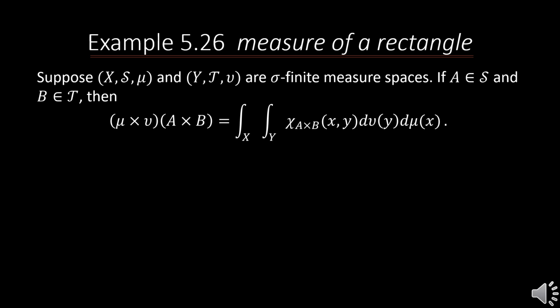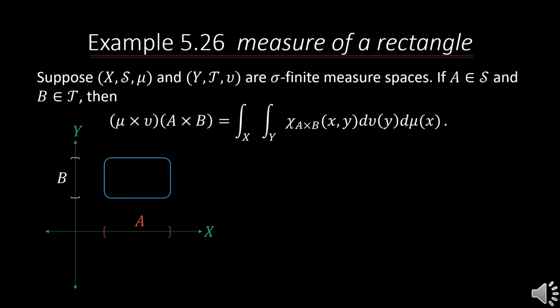Then if A is a set from the sigma algebra S and B is a set from the sigma algebra T, then the measure of A times B with relation to mu times nu is equal, by the previous definition, to the integral over X of the integral over Y of the characteristic function of A times B, with input variables x and y, first with relation to d nu y, then with relation to d mu x. This can be pictured to the left here.